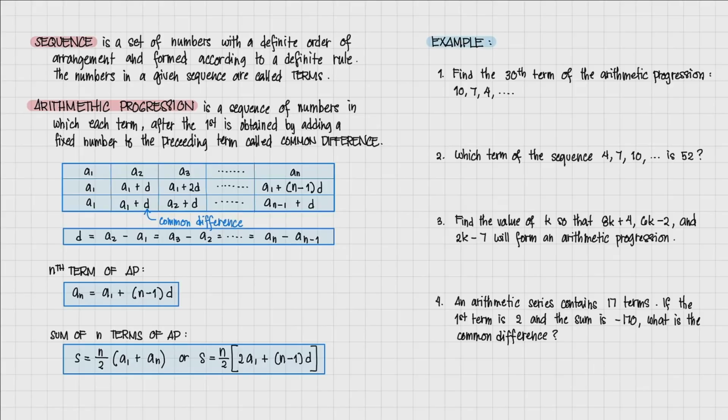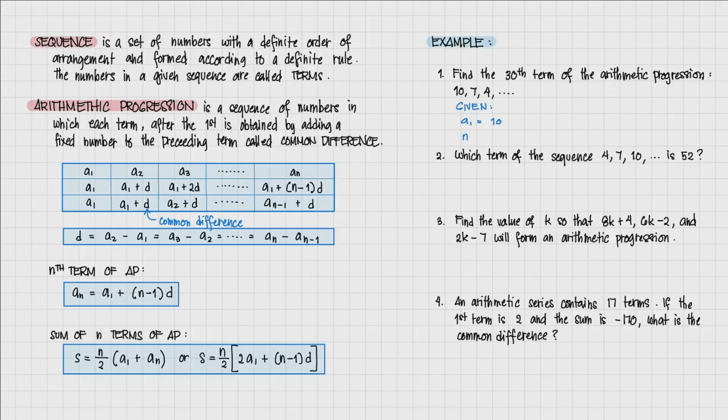So example number 1, we are to find the 30th term of the arithmetic progression 10, 7, 4, and so on and so forth. So the way we solve this, first let's check what is given. So let's write down our given. We have our first term A1, that's 10.